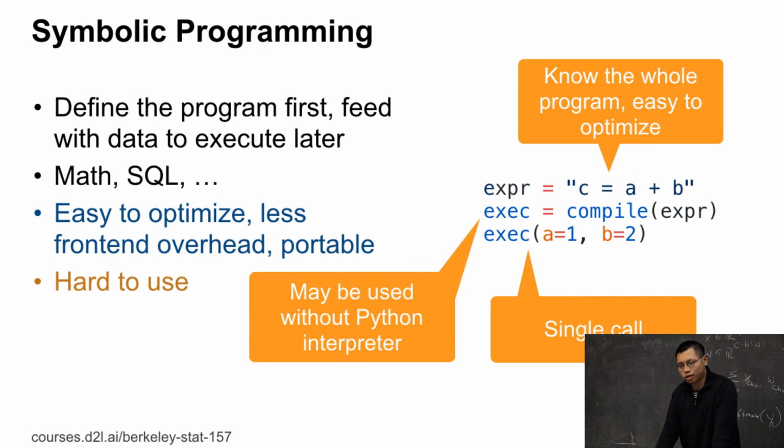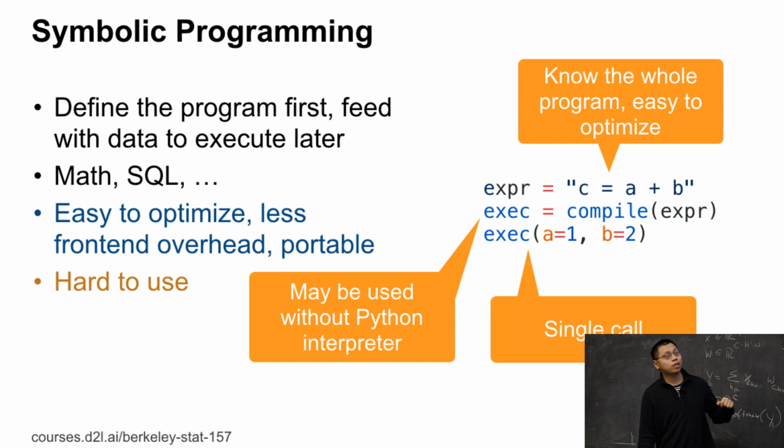On the other hand, we mentioned something called symbolic programming. If you used TensorFlow or Keras before, it's actually using symbolic programming. In this programming model, we first define the program, and then we give data to execute. In math, we do it that way. We first define the equations, and then feed data to run. If we used SQL before, we first define a SQL statement, and then feed it a data table to get the results. Here is an example.